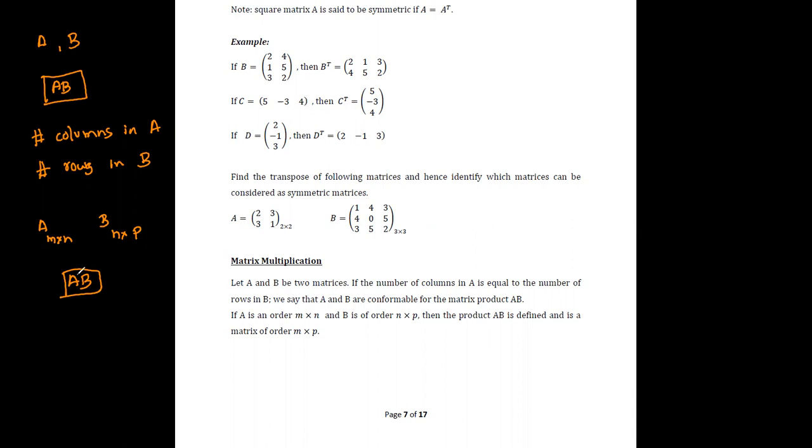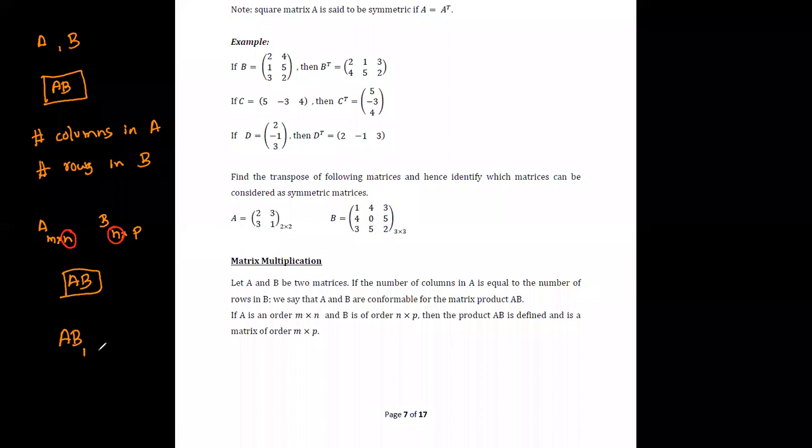According to this example, our first matrix is A and the second matrix is B. Then we can see that the number of columns in the first matrix is equal to the number of rows in the second matrix, so we can say that matrices A and B are conformable for matrix multiplication. Then we can obtain the matrix product AB, and its dimensions are m by p.